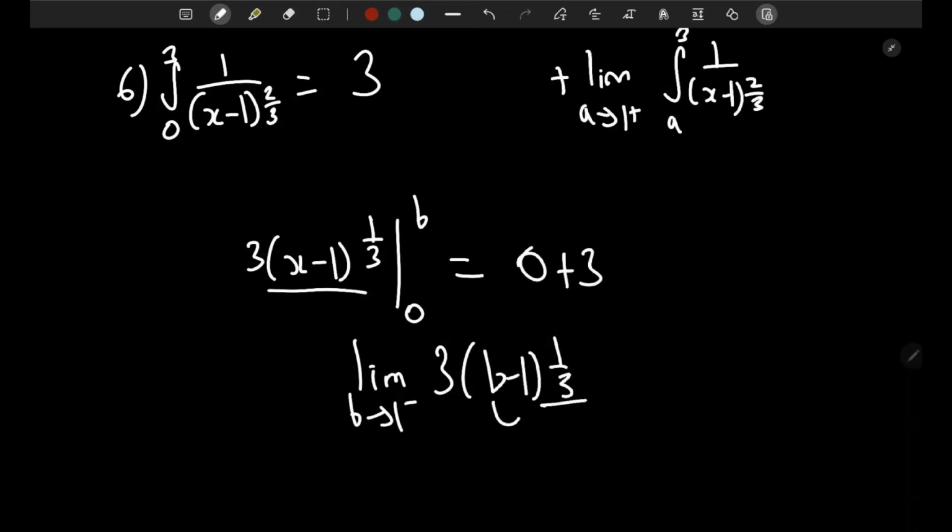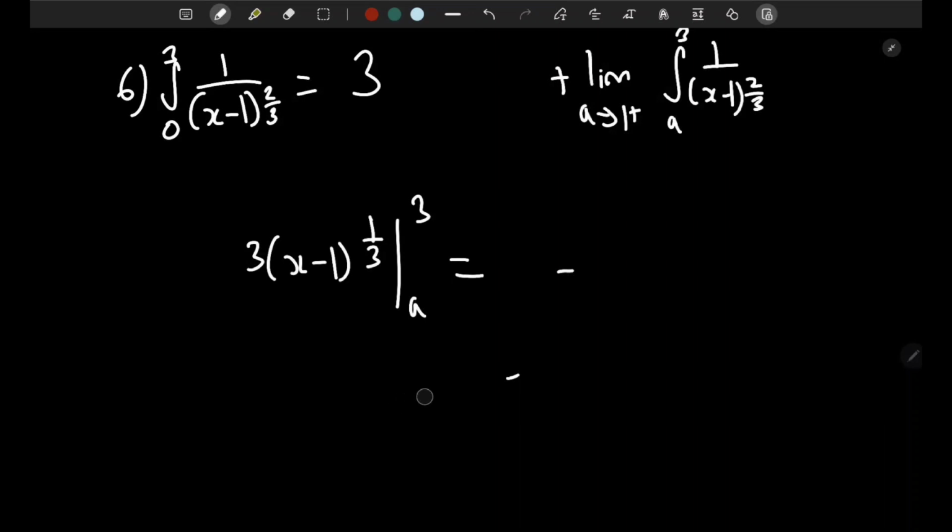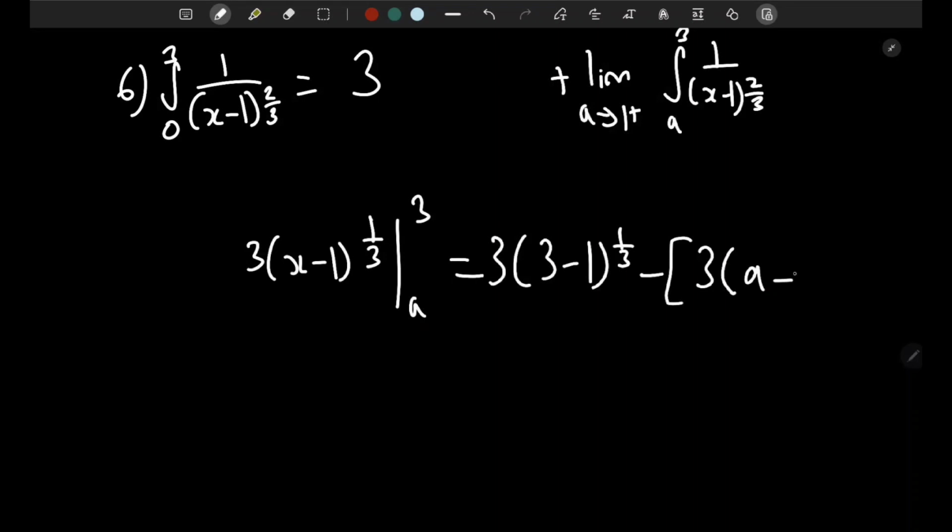Now let's move on to the next one. The integration is the same here, I'm just going to change the limits to 3 and a. So it's going to be 3 into (3 minus 1) to the power of 1 over 3, minus, in brackets, 3 into (a minus 1) to the power of 1 over 3.